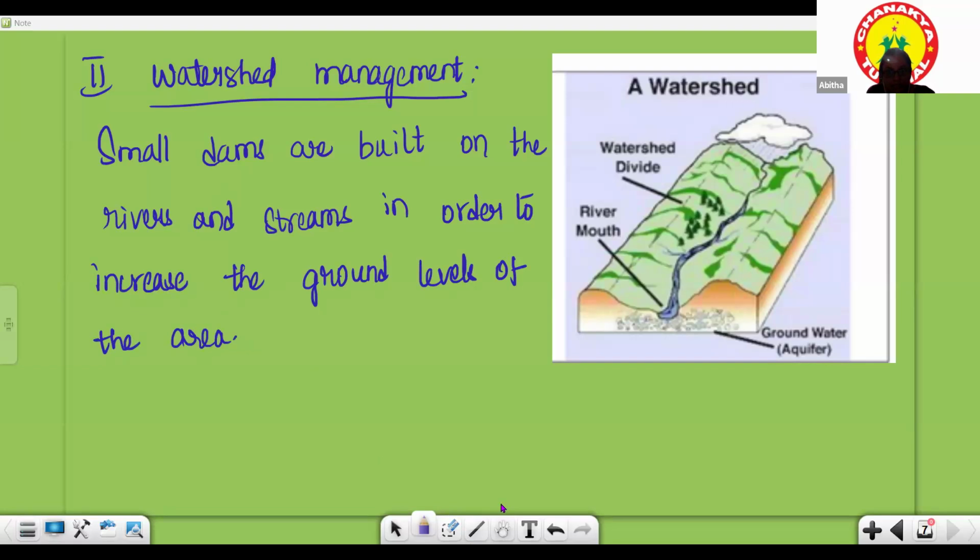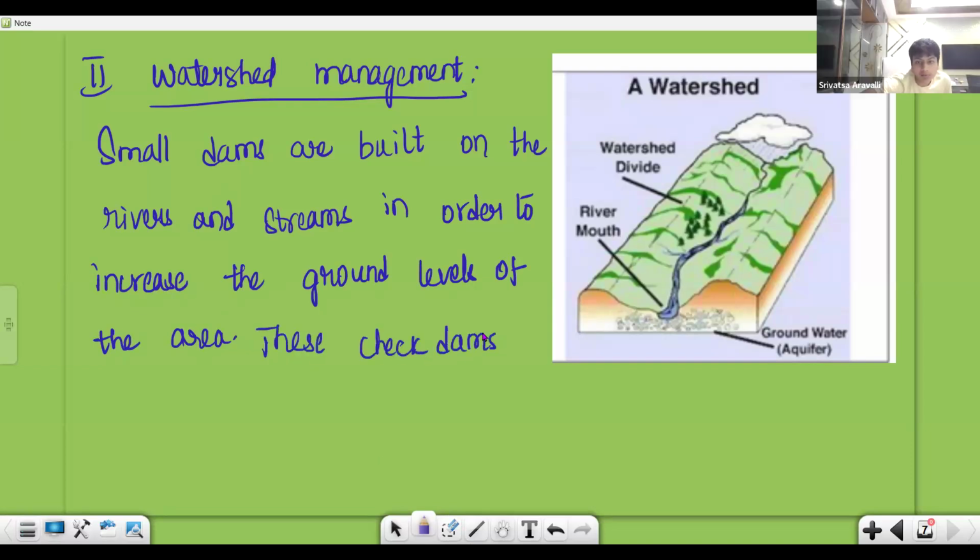So these check dams prevent water from flowing away and causing soil erosion. Like, ma'am, on top of bread they're putting some sauce, that green color sauce. Very nice.